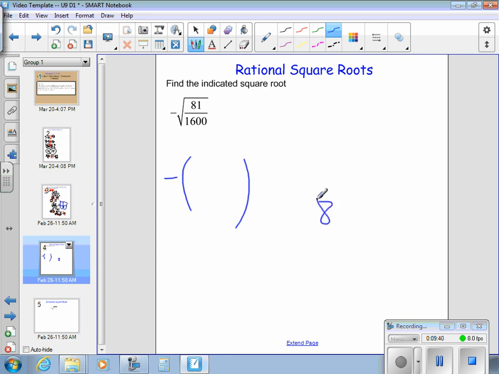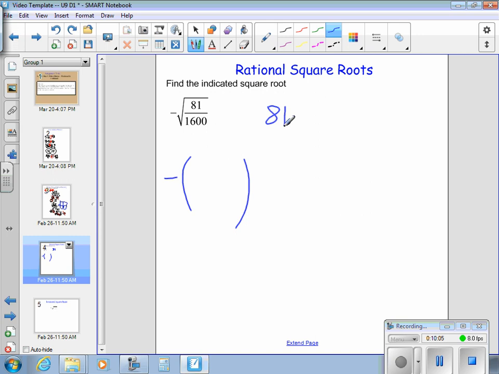We find the square root of the top and the square root of the bottom. Rather than dealing with that as a fraction, I'm going to separate these numbers and deal with each of them separately, because I think it might be confusing if I deal with it as a fraction.